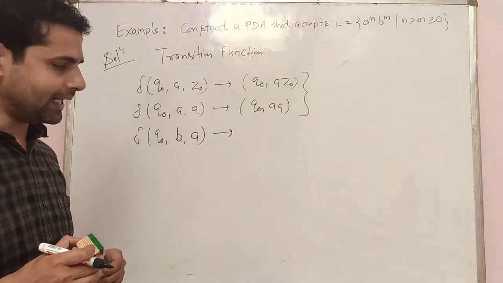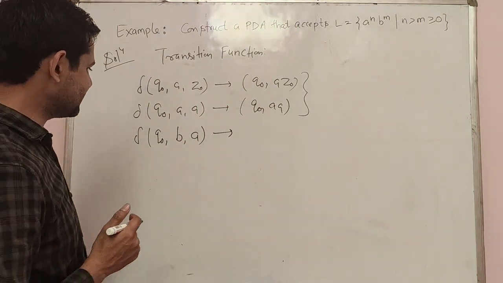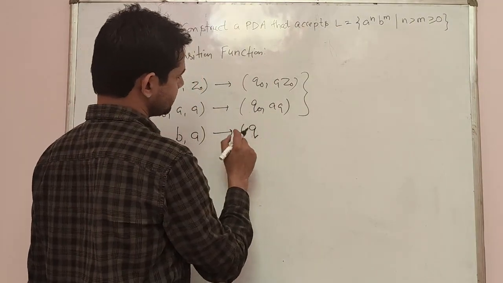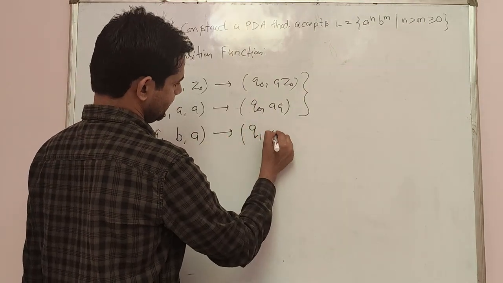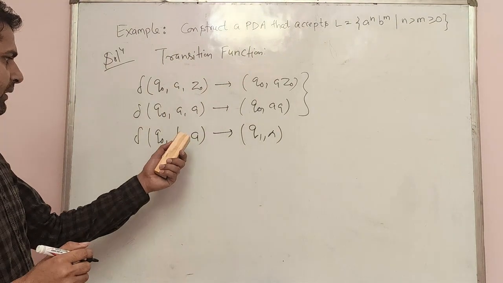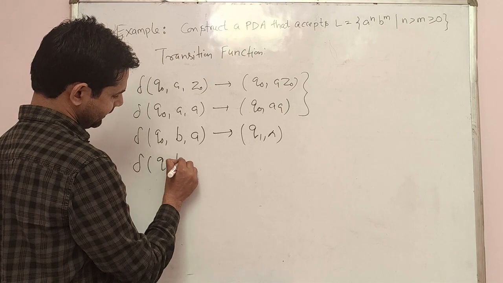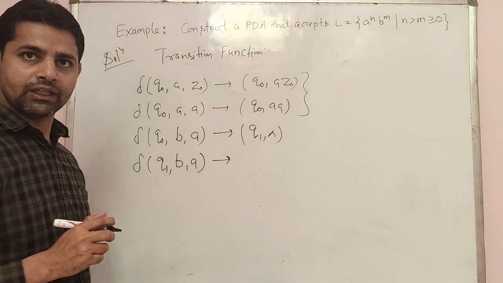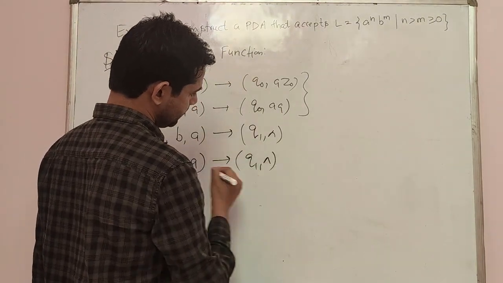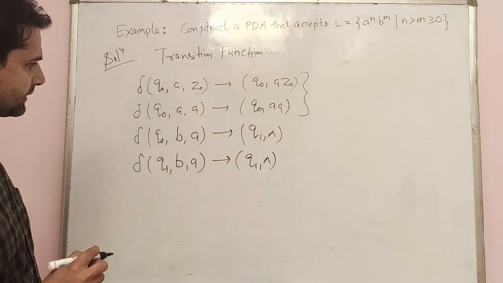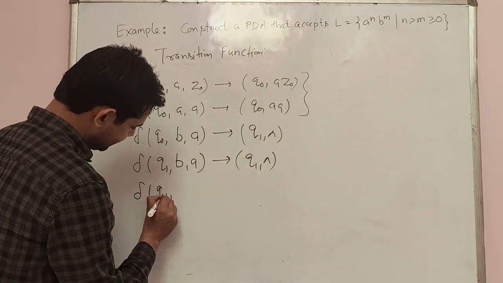In that case, we are just matching that A with this B. We will change the state because now we will not consider more A's after that B, so we change the state and pop this A with this B. Similarly, for the next one, if we again get B and the stack top is A, again we pop the element, and we stay on this state, Q1.